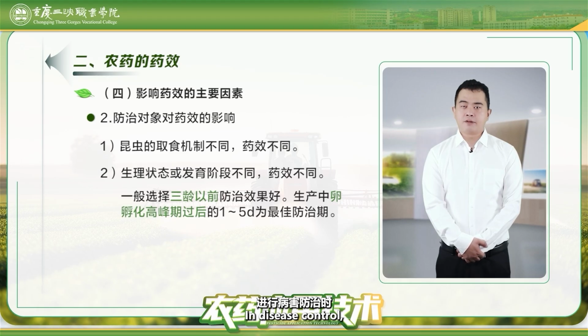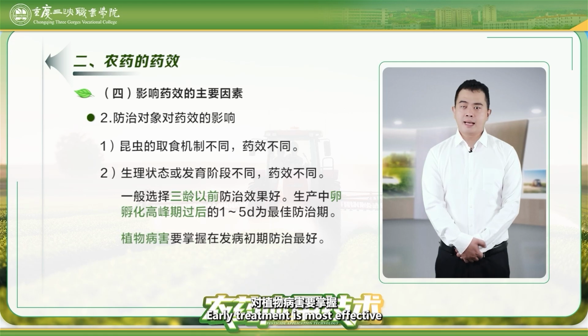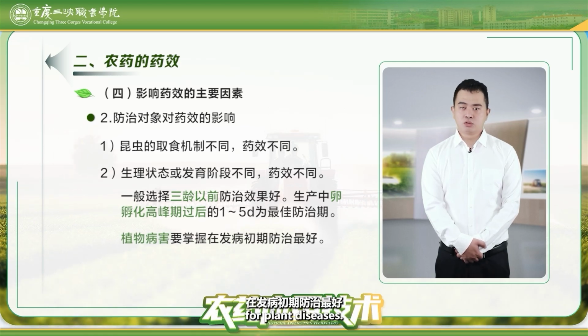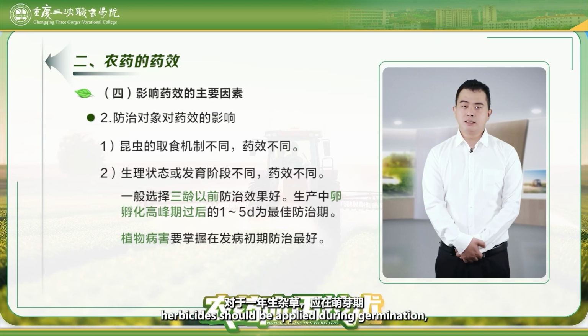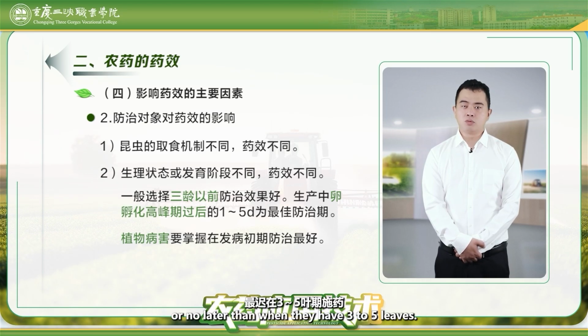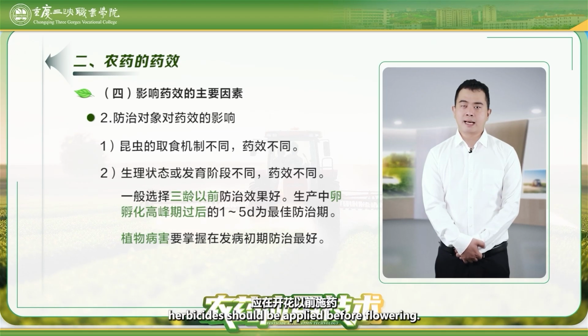In disease control, consider the pathogen's physiological state. Early treatment is most effective for plant diseases. When it comes to annual weed removal, herbicides should be applied during germination, or no later than when they have 3 to 5 leaves. For perennial weed removal, herbicides should be applied before flowering.